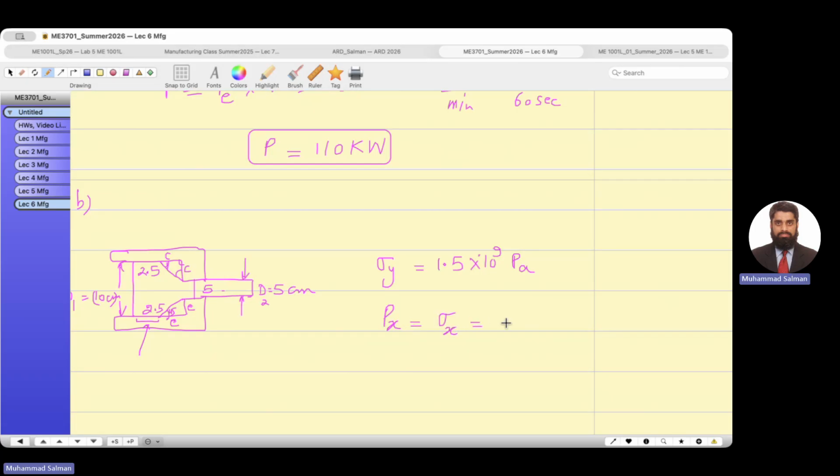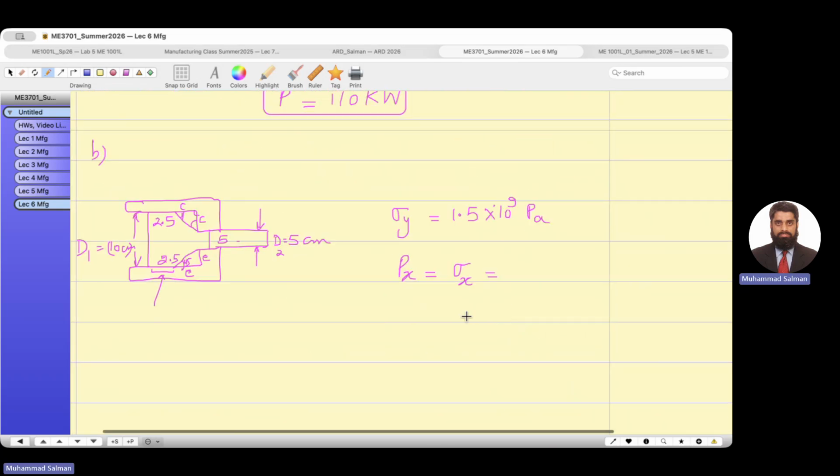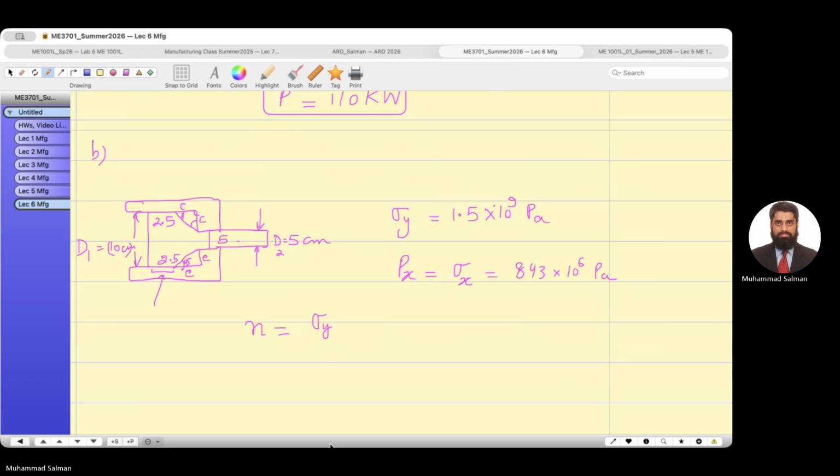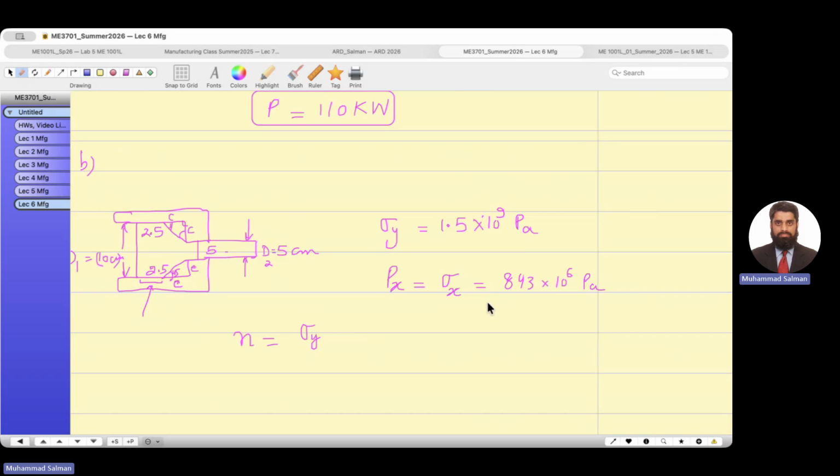And that is how much? 834 megapascals. Can I write down like this? Now, factor of safety says that the RAM has its own. Oh, yeah, sorry about that. 834 megapascals.